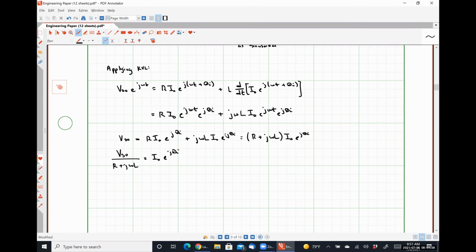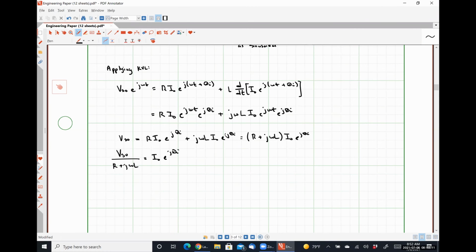So this is our intermediate point here. Kind of the same as when we had the sum of sinusoids and how to get it back to that original form. This is our similar spot here, but we've done significantly less work to get to that intermediate spot. So let's take a moment and look at what we have here. On the left-hand side, we have a rectangular form complex number in the denominator.